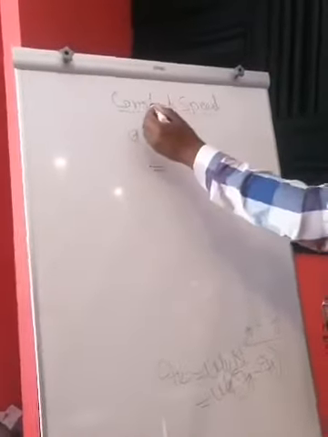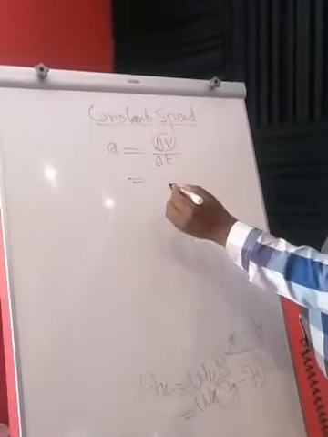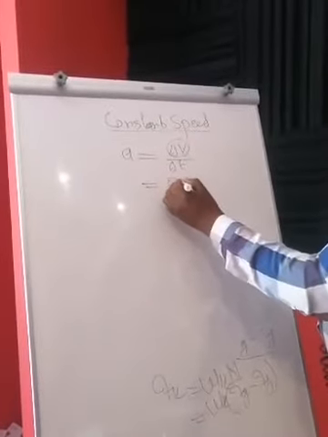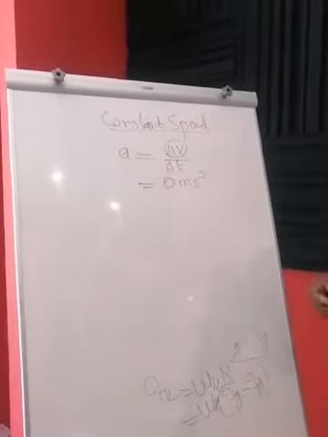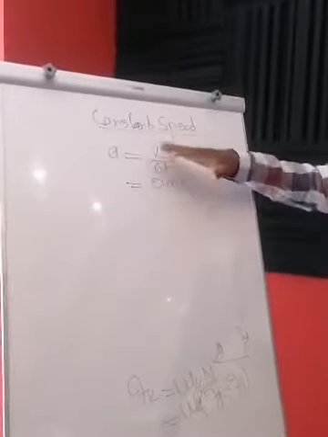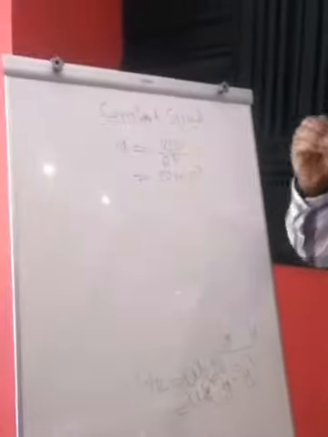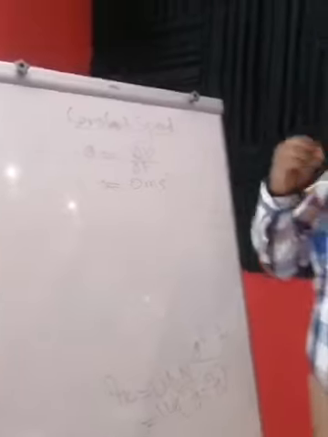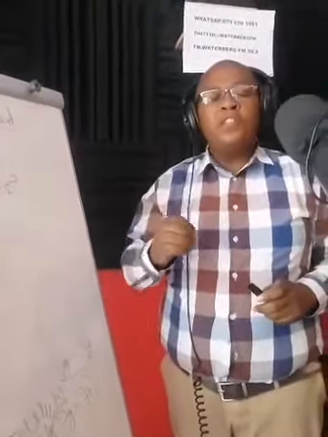Because we are given that the motion is at a constant speed, this implies that the acceleration of the object will be equal to 0 meters per second squared. Why is it 0 meters per second squared? Because acceleration is defined as the change in velocity. So when it is given that this object is moving at a constant velocity, for example, your velocity does not change.